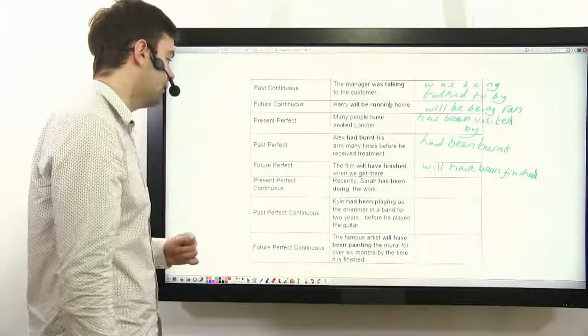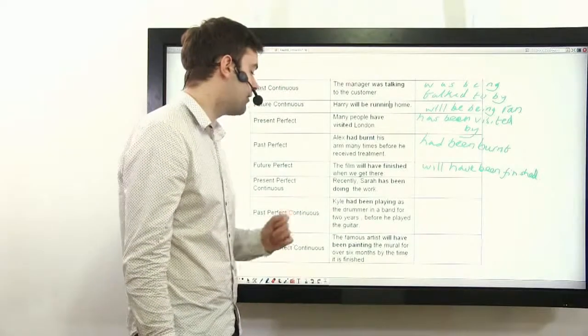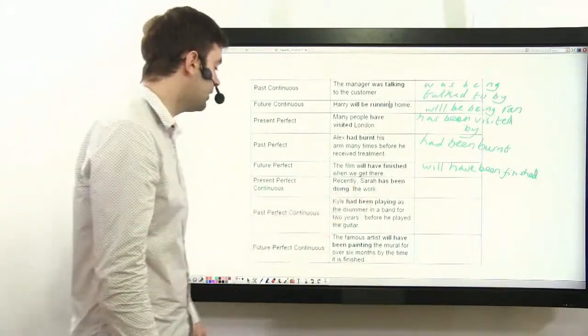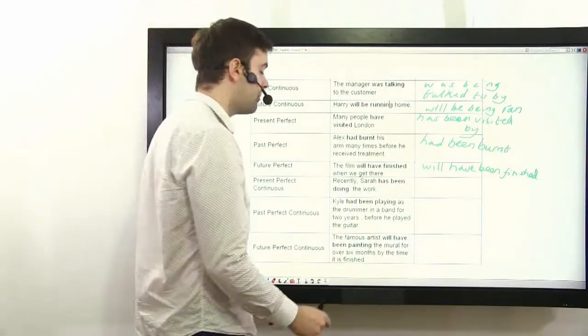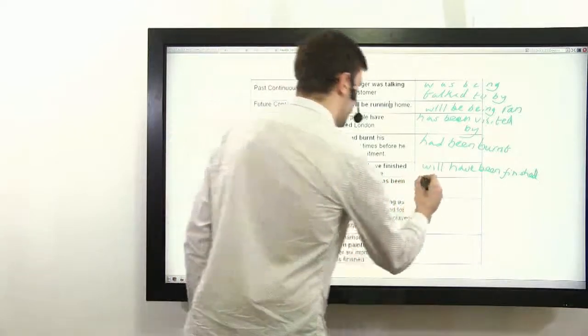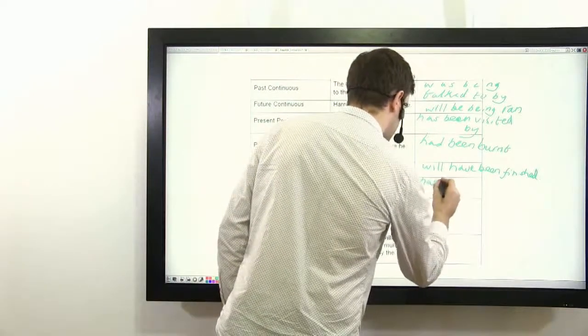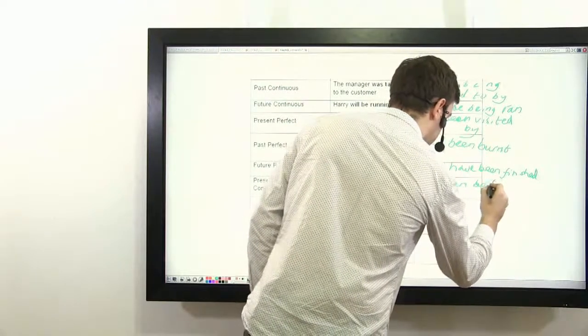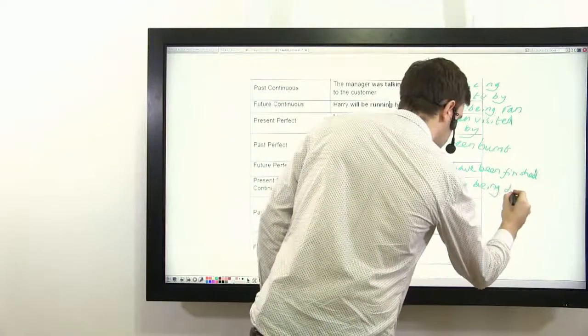The present perfect continuous. Recently, Sarah has been doing the work. The work has been being done recently by Sarah. So the work has been being done.